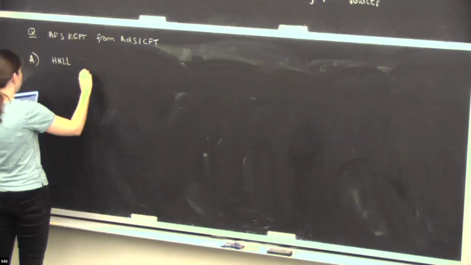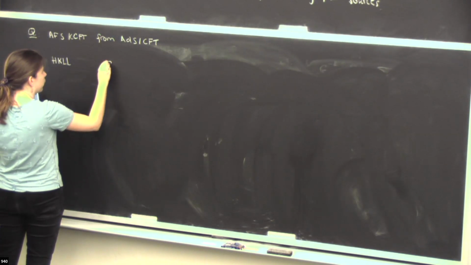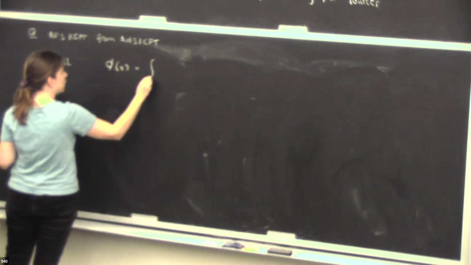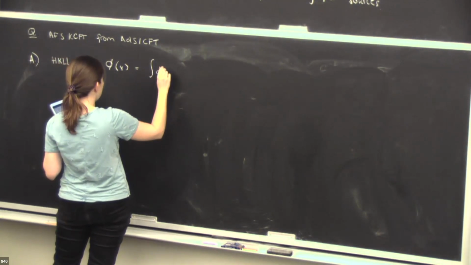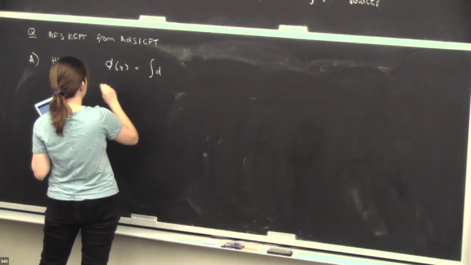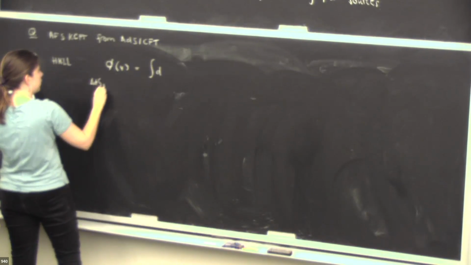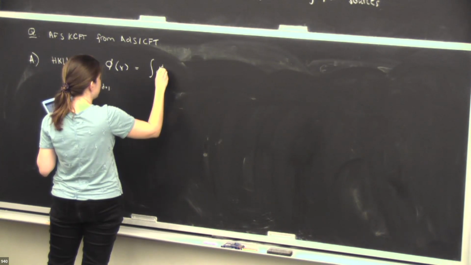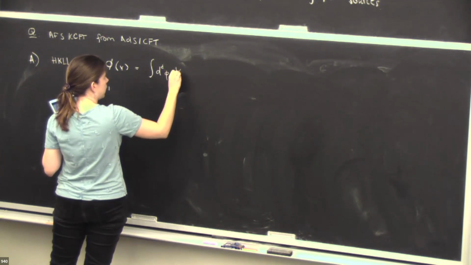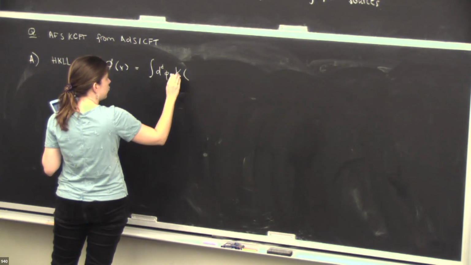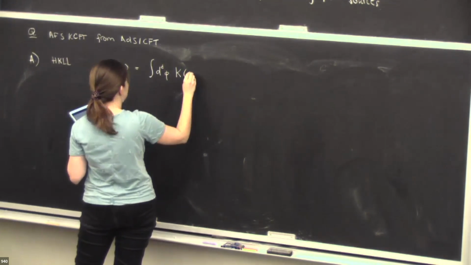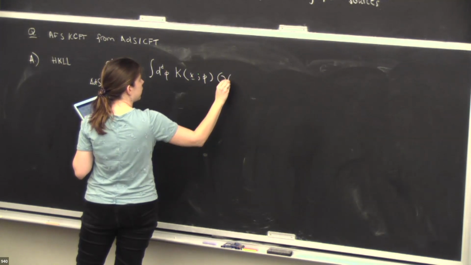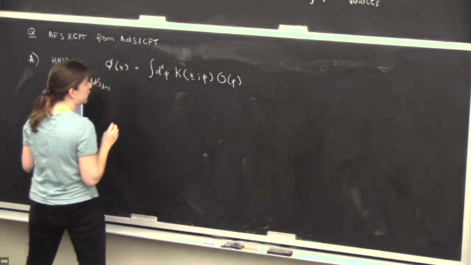One would get a relationship between some bulk field in AdS, say in AdS_{d+1}, as some integral over the boundary CFT variables, with this HKLL kernel that depends on some bulk point in AdS and on some boundary point.